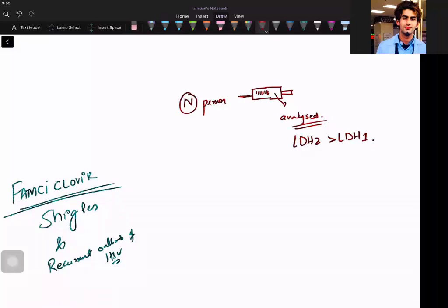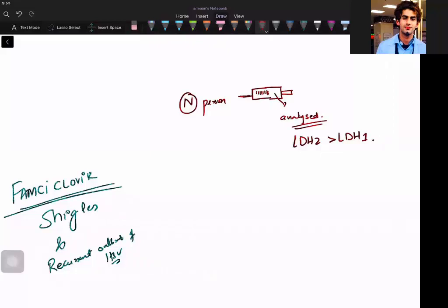I got a 40 year old male. He comes to me with acute chest pain, with his clenched fist on his chest, radiating to his neck and the left arm. And the person goes in MI.